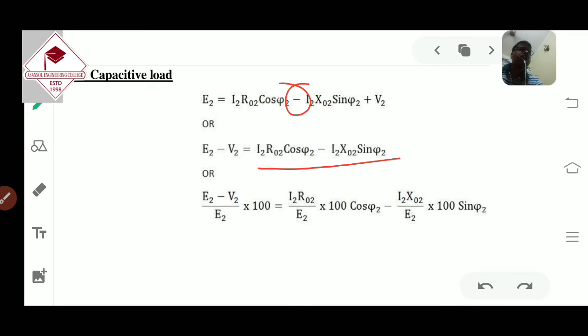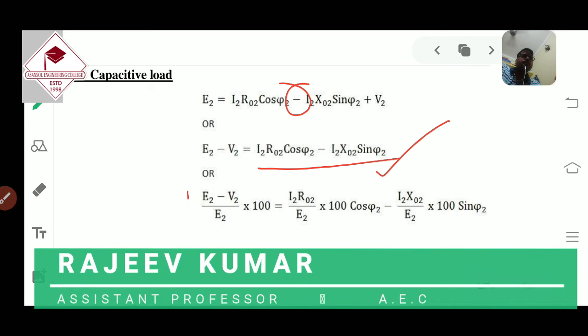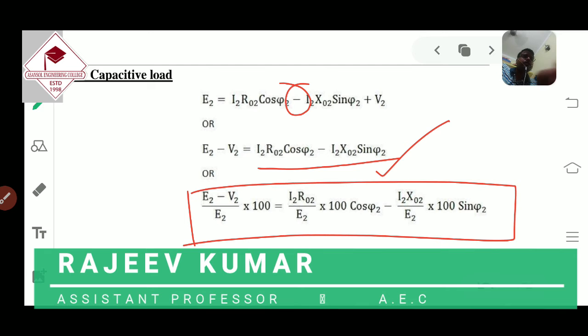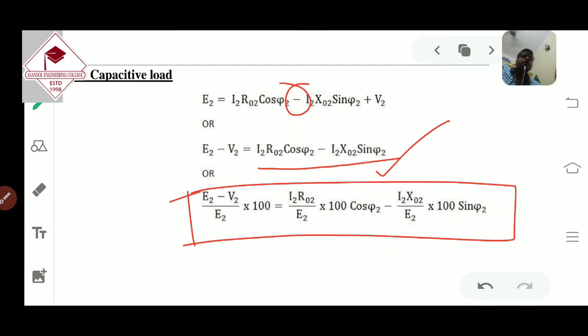It comes from the phasor diagram. If you start solving from the phasor diagram of the capacitive load, you will land at this result. So from here we can easily find the voltage regulation formula. Clear? You may derive this formula on your own for better understanding.